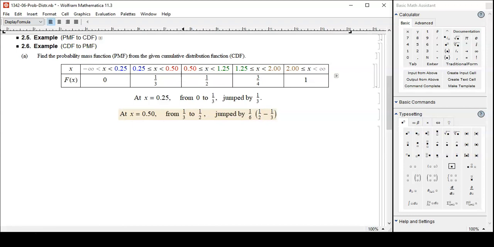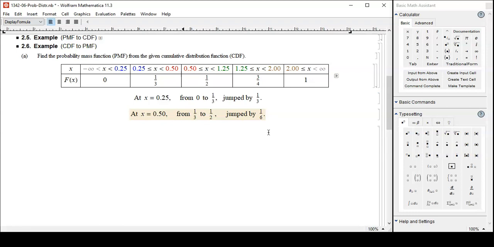To be a little more precise, 1/2 minus 1/3. And next, from 1/2 to 3/4, we jumped at 1.25. And finally, from 3/4 to 1, we jumped at x equals 2.0.